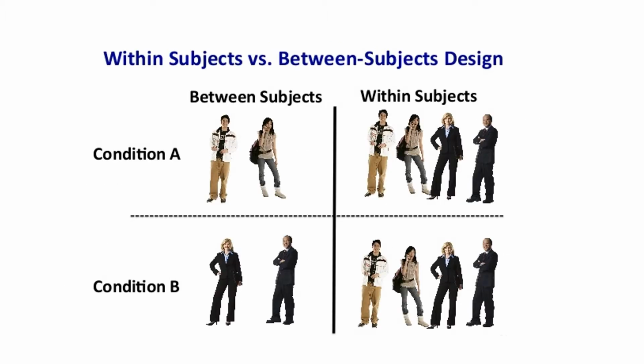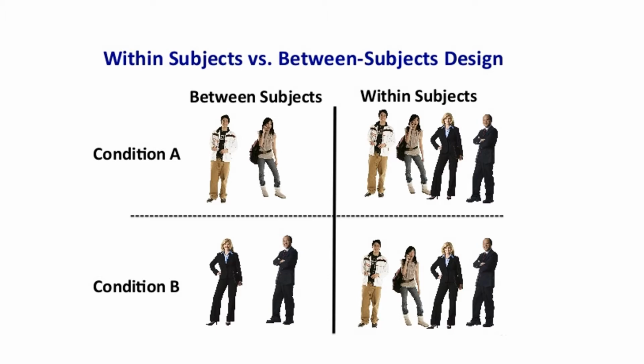Before I start talking about independent sample t-tests, I just want to recap again on the two types of designs. I talked about it in another session, but I want to recap before we start talking about independent samples t-tests. So if you remember, we had two different types of design: between subject designs and within subject designs.